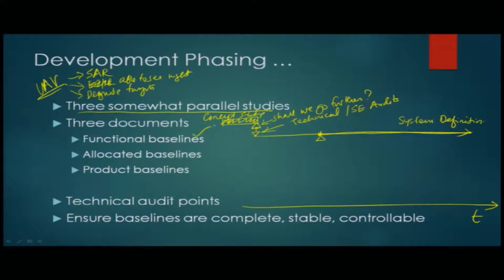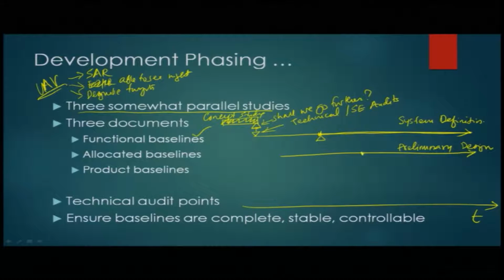So, the system definition, the first phase, gives you what you call the functional baseline of the system. Once you have the functional baseline, somewhere in parallel you can think about the second aspect going on. It will be something like this, which will result in what we call the preliminary design, or technically the allocated baseline.